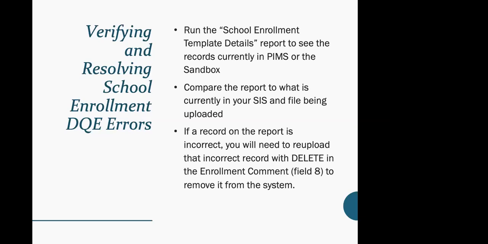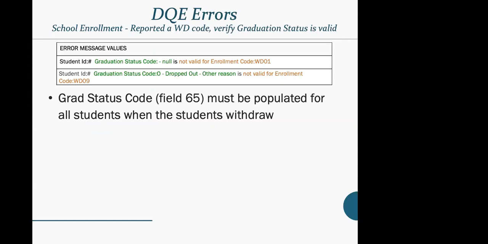So the first thing you definitely need to do is to get that school enrollment template from the warehouse, the PIMS reports, or if you're in the Sandbox, from the Sandbox reports, because that's going to show you what you already have. You need to compare it to what you're trying to upload, and then you're going to be able to see why you have that error.